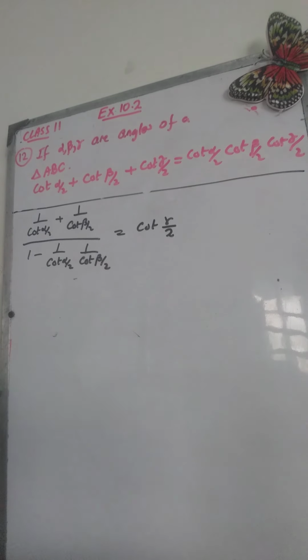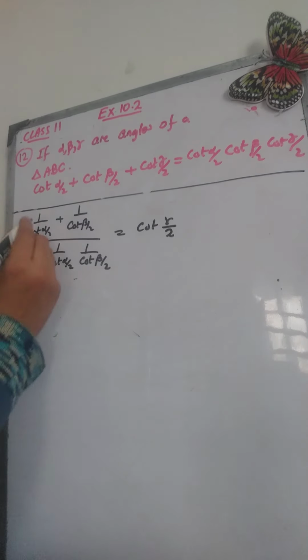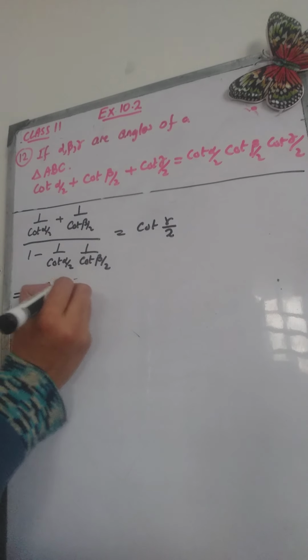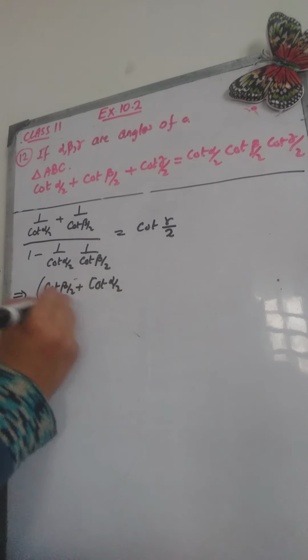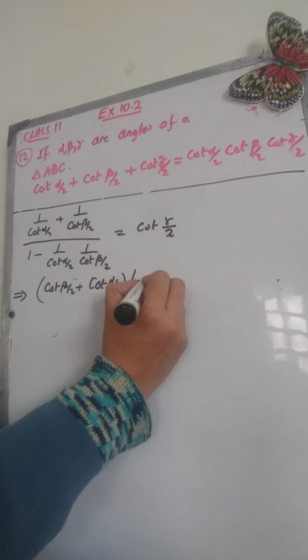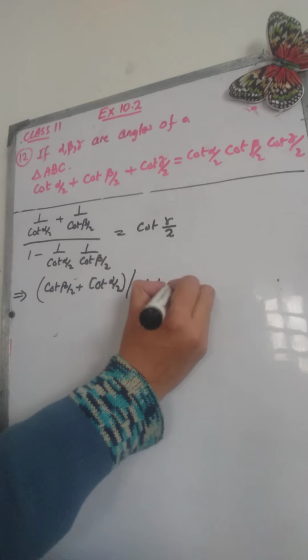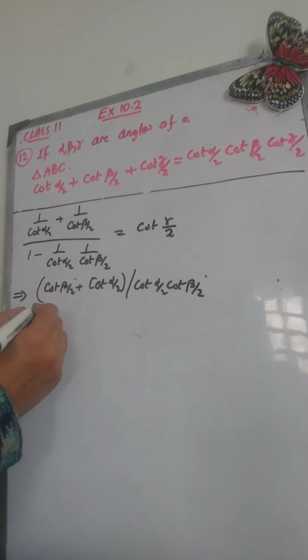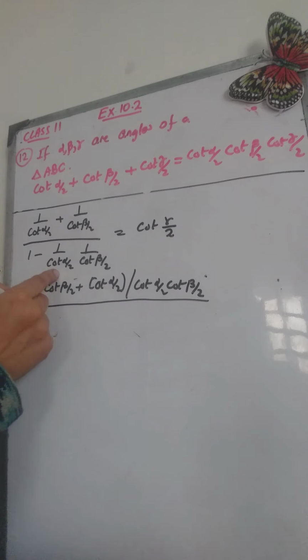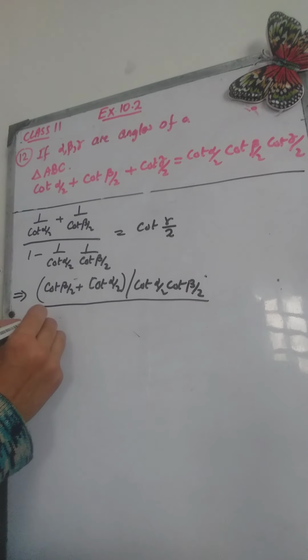The next step will be to take the LCM of the numerator as well as the denominator. Taking the LCM over here also, what do we get?